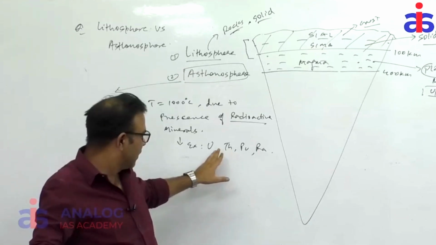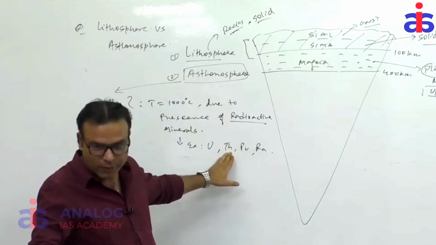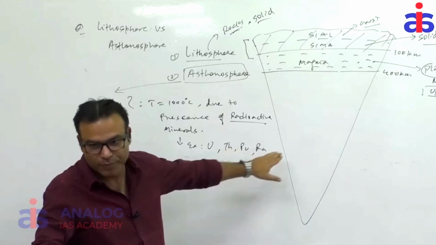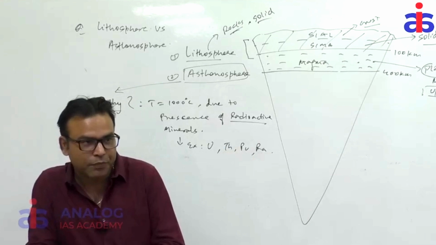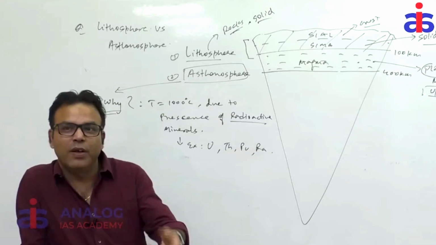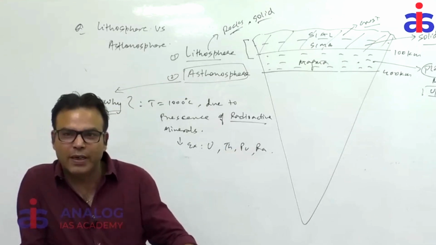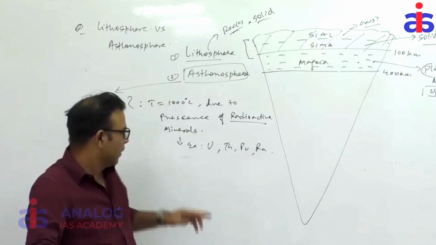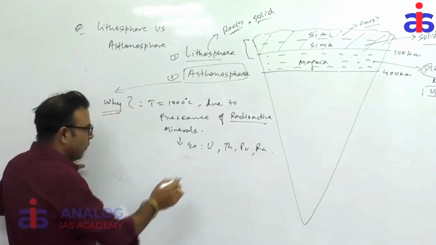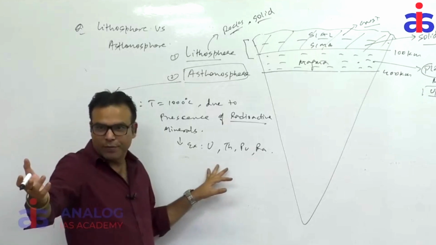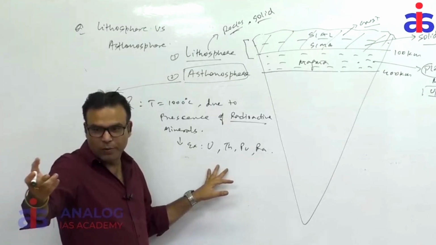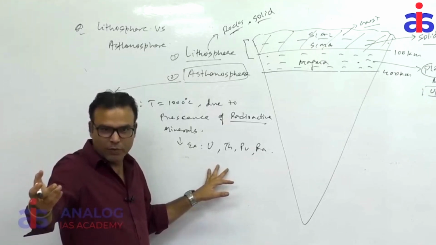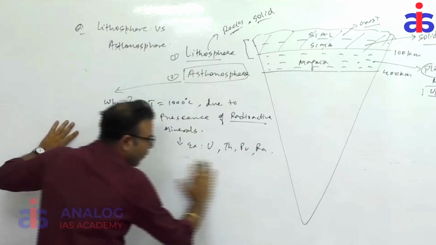The same happens in some isotopes of thorium and some of radium. Thorium available in the ground is not reactive, but we can convert it into a radioactive substance. Even uranium has 235 or 238. Leave this, I am not going into this.